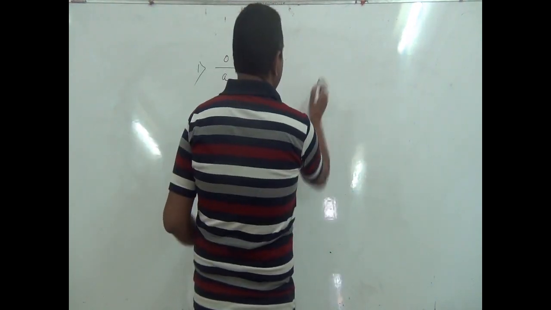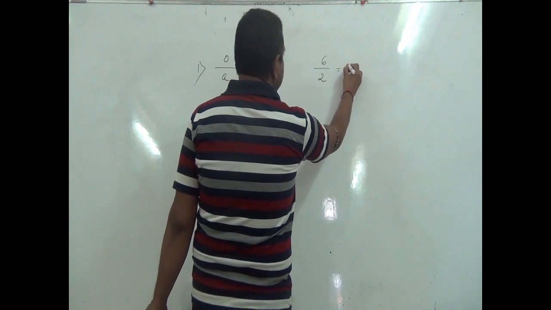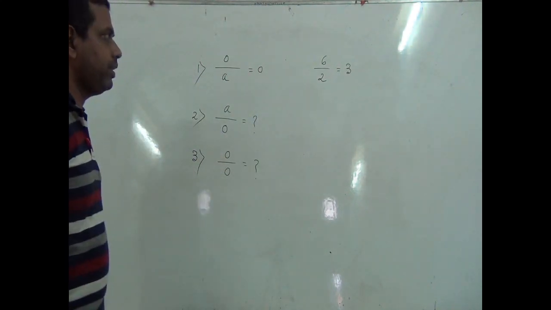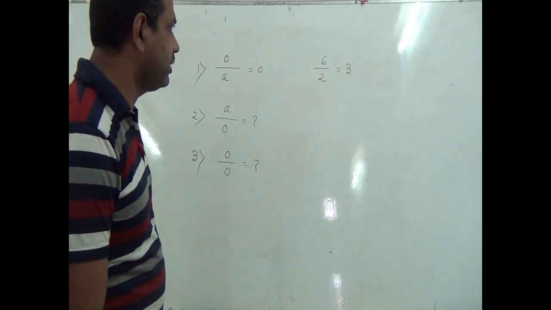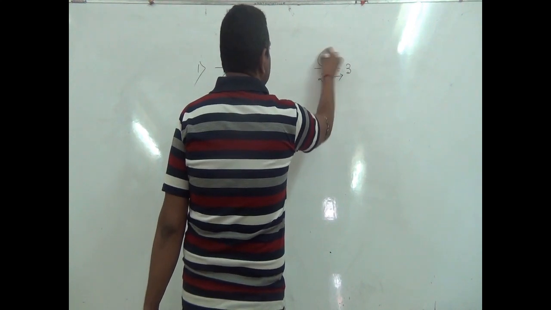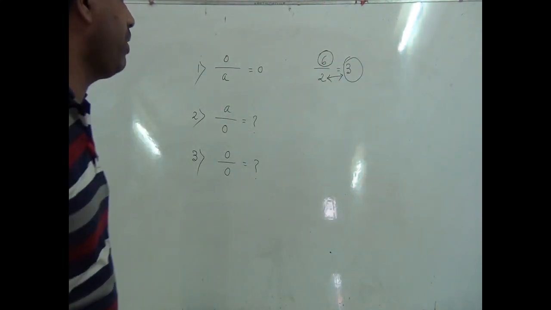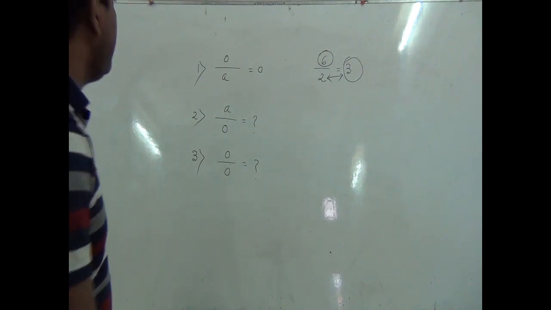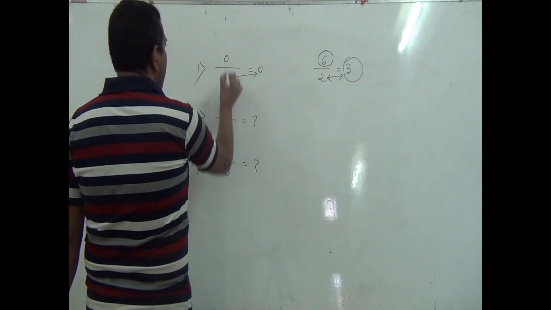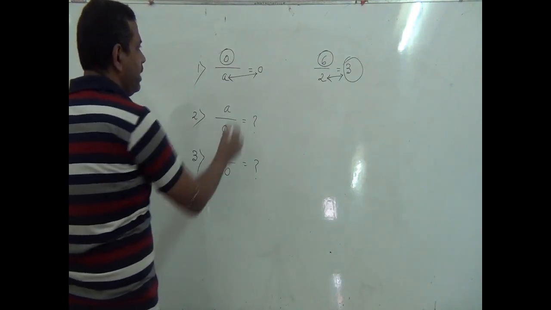Suppose we take 6 divided by 2, then our answer is 3. Why is it 3? Because already we know that 2 into 3 equals 6. So when 6 is divided by 2, our answer is 3. Similarly here also, when a into 0, our answer is 0. So 0 divided by any number is 0.